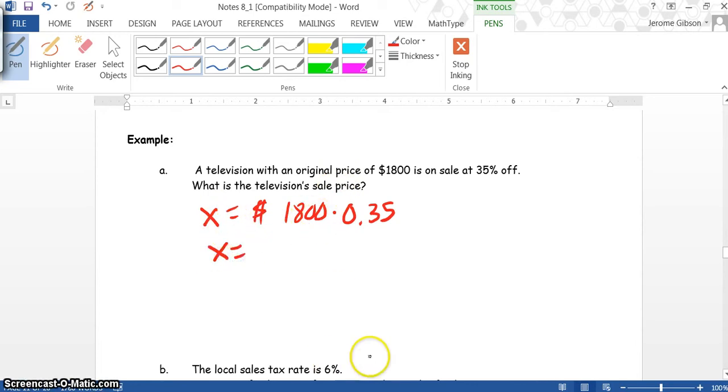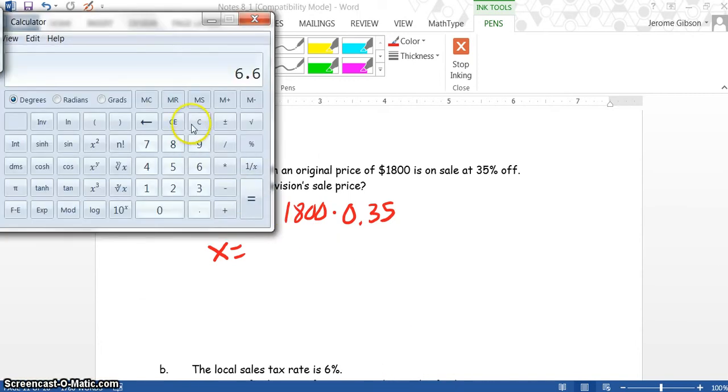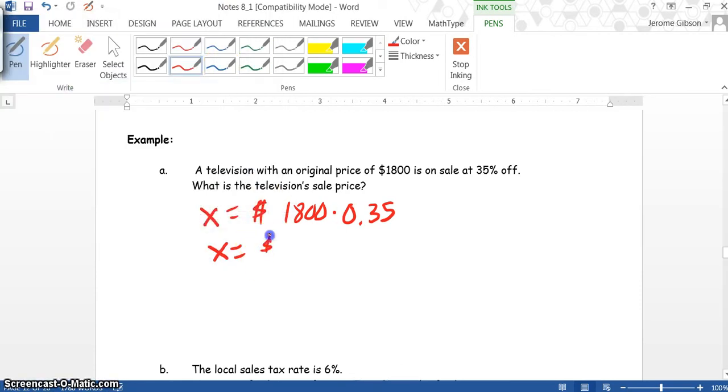So now we would take 1,800 times 0.35, which gives us $630. Now we would take the 1,800 and subtract $630.